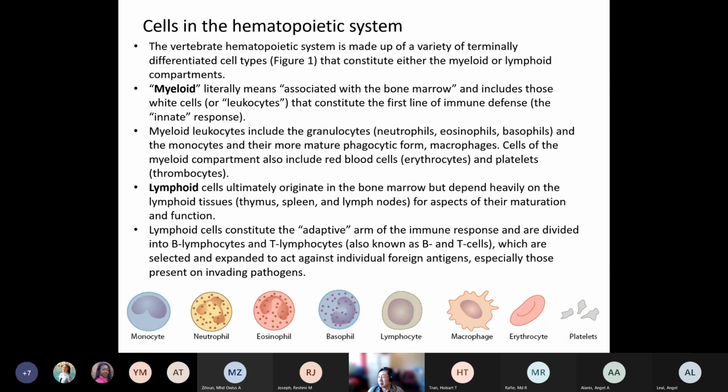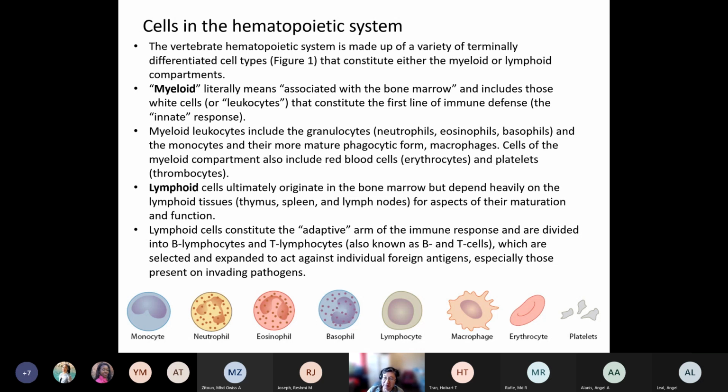Why they have this name, because the name literally means associated with bone marrow, because their development is completely in bone marrow. Okay, they don't need to move to other organs or in the immune system to further differentiate. So their development and maturation all occurred in the bone marrow. So the name suggests that.